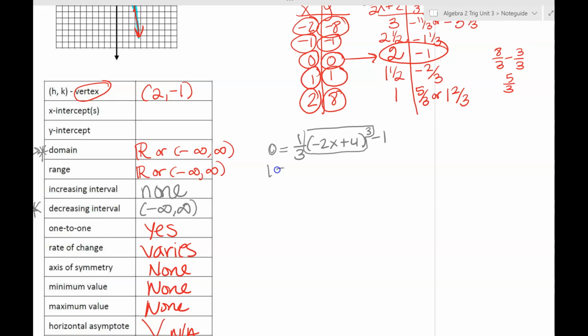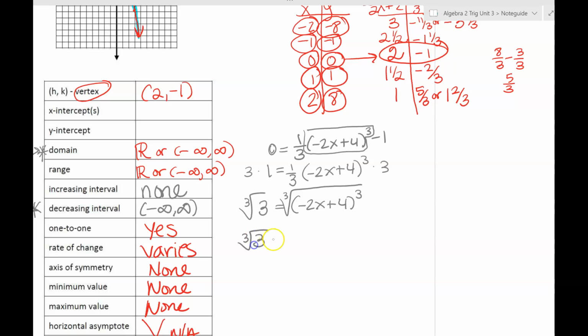So I would add 1 to each side. Then I would times both sides by 3. Then I would take the cube root. Now again here, we don't know the cube root of 3, and that's okay since 3 is not a perfect cube. We'll just keep it as the cube root of 3.